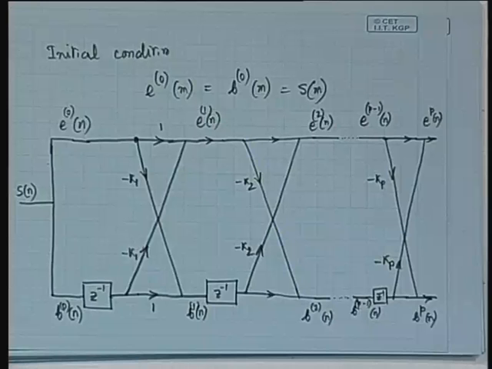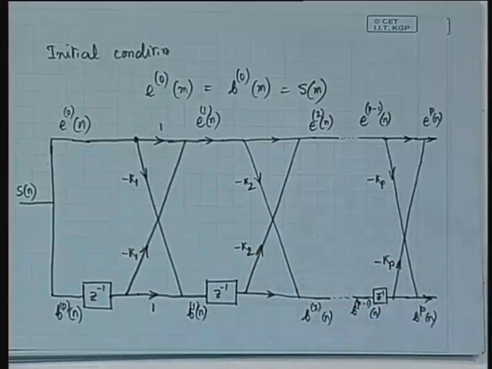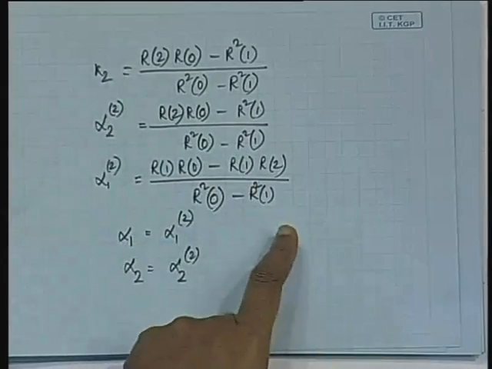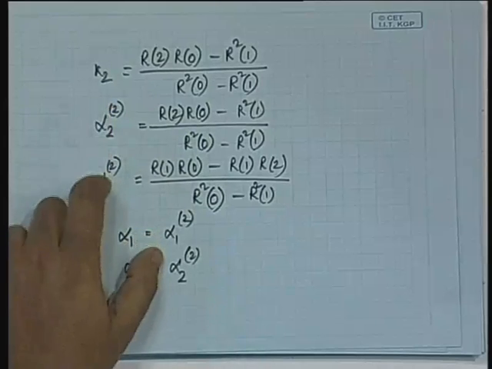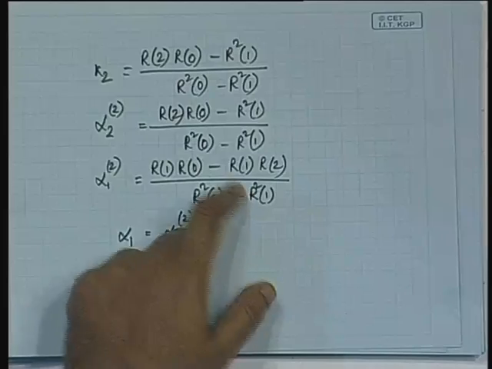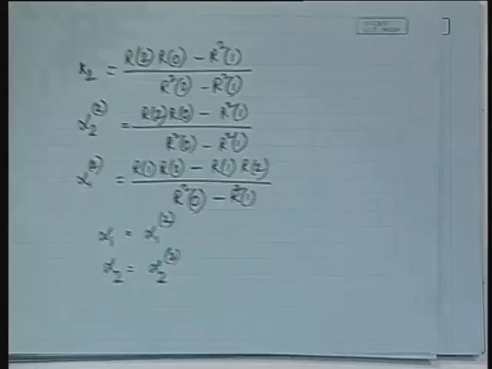I'm just trying to take out the old slide. This should be clear to you from when we were discussing the autocorrelation approach. Remember, this is what we were doing, K1, K2 and all these things. So, ultimately alpha 1 of 2, alpha 2 of 2, these are those values only. So, it's based on those things, right.